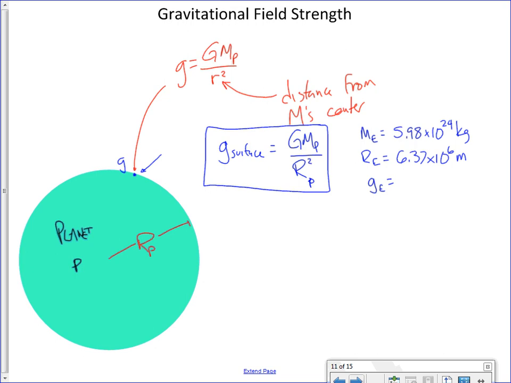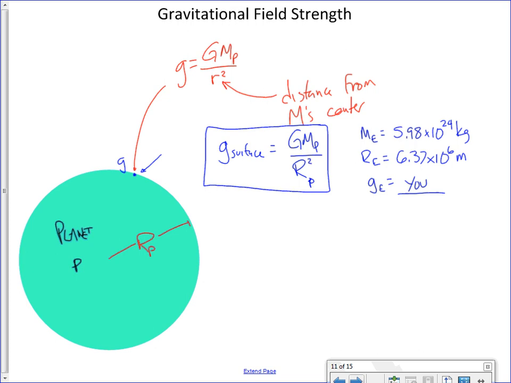And duh, you better get 9.8, because that's what it is. So just confirm that it works. Now that works for gravitational field strength and/or acceleration at the surface of any planet.